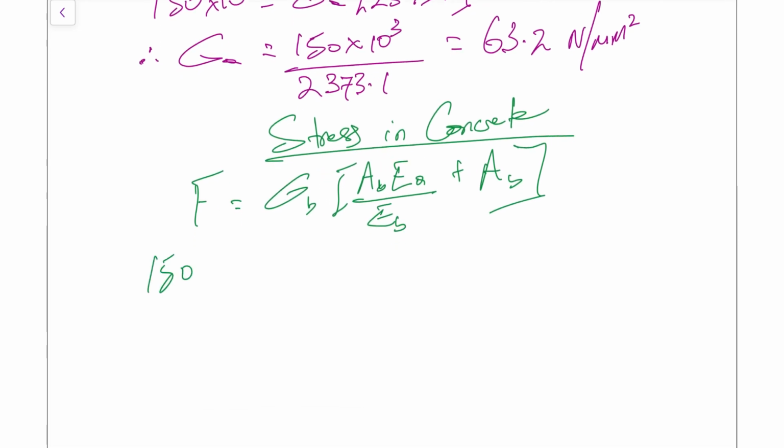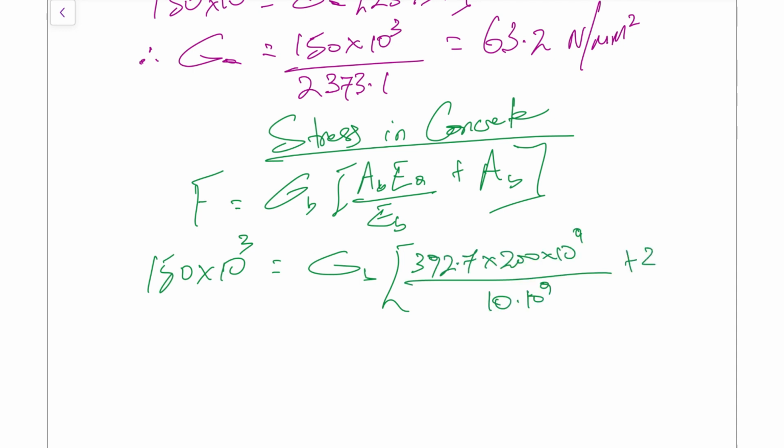So we have 150 kilonewtons. We're trying to find stress B, so that's our unknown, and we know all of these. So that's going to be 392.7, and that's going to be plus our 397.607.